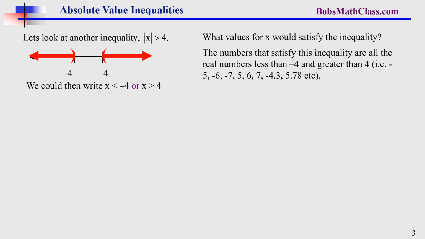Notice our two equations. Let's look at the one on the right. x is greater than 4. That's almost the same, right? As the original problem. The only difference is there's no absolute values. And on the one on the left, x is less than -4. Well, again, there's no absolute value bars. But there's two things that changed. The direction of the inequality changed, and the sign in front of the number changed.